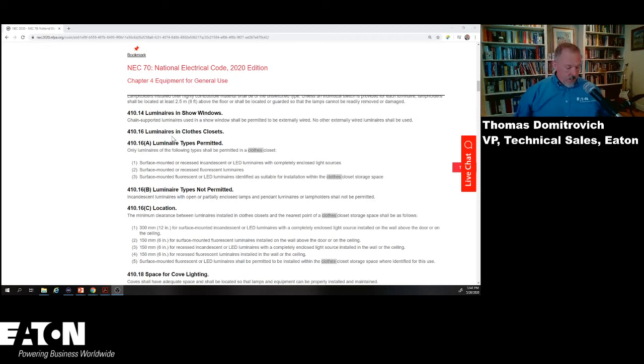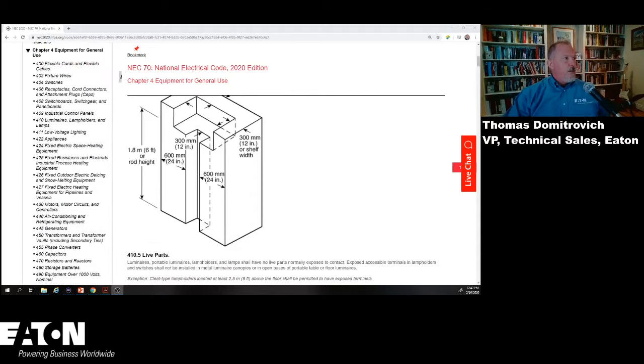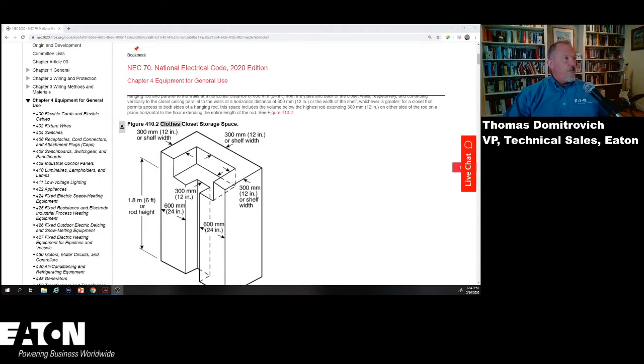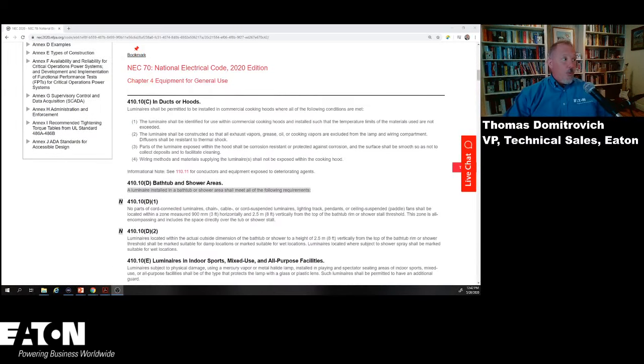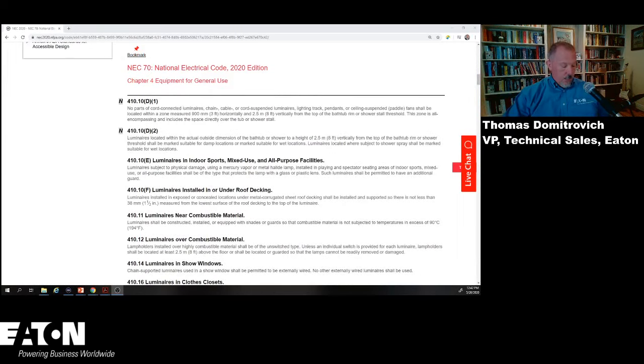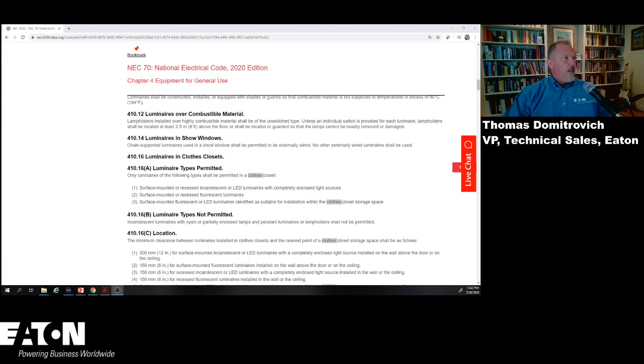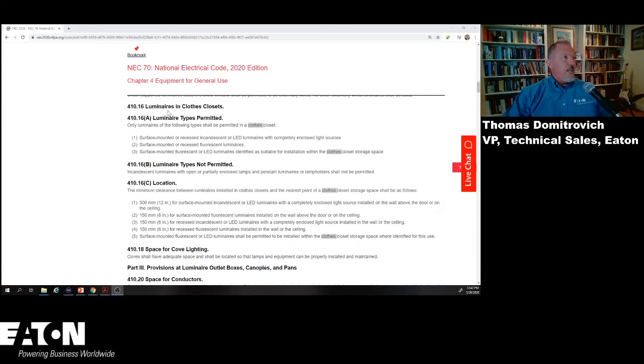And then the diagram said closet storage space. So it looks like what they did in the 2020 code cycle was they changed the title of this image from closet storage space to clothes closet storage space, because it's probably the only reference to that image is actually in 410.16, which talks about luminaires in clothes closets.